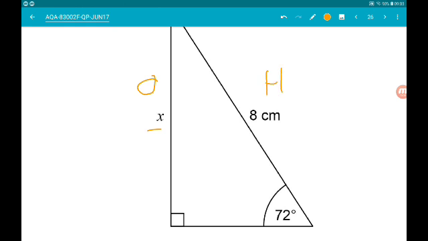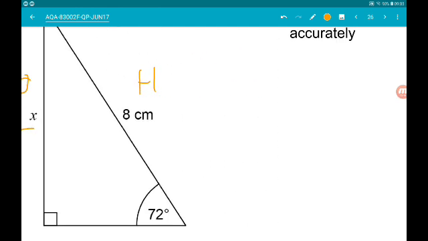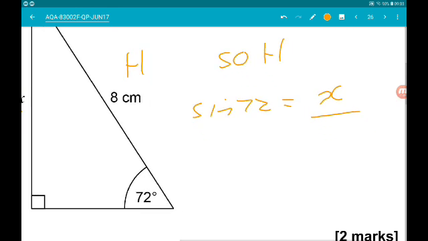So then we go to SOHCAHTOA to work out which we want. So it's SO because we got O and H. So SO tells us sine of 72 is equal to the opposite, so x over the hypotenuse 8.